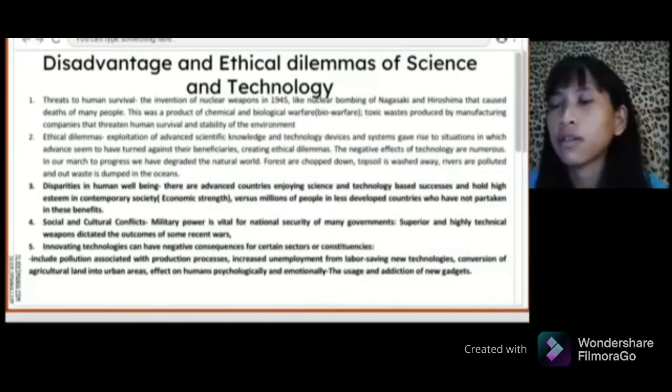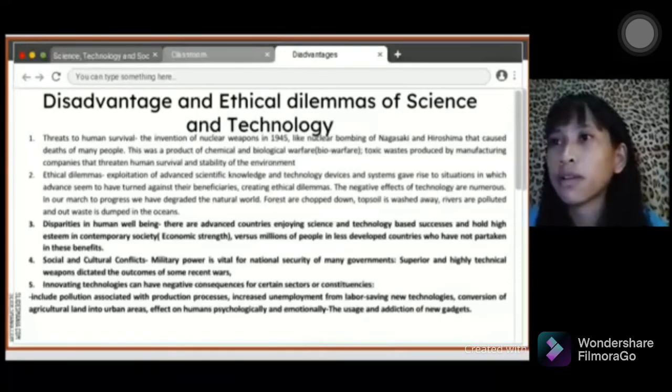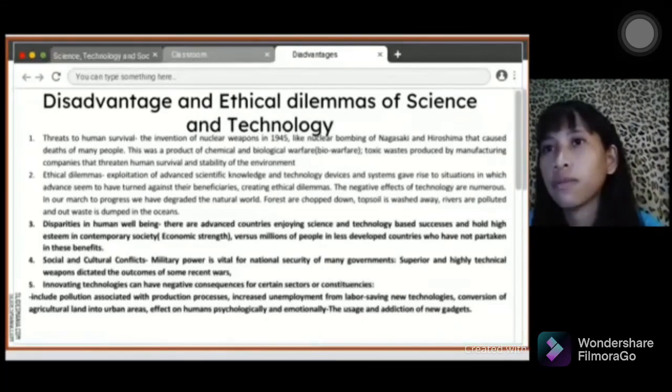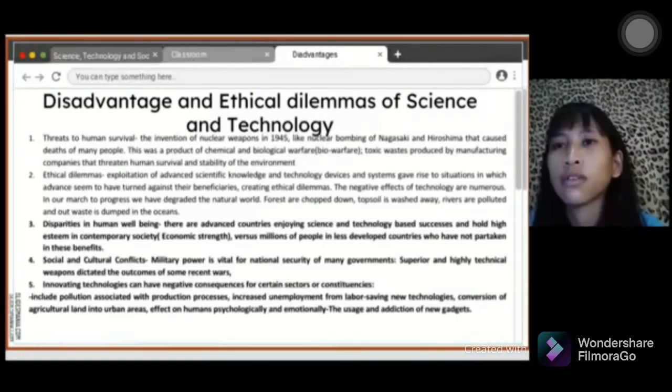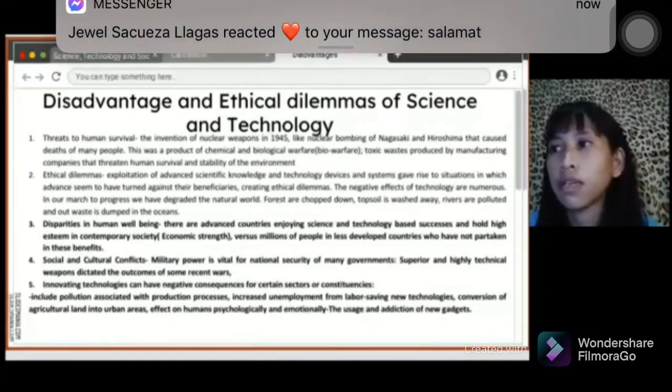This was a product of chemical and biological warfare. Toxic waste produced by manufacturing components also threatens human survival and the stability of the environment.